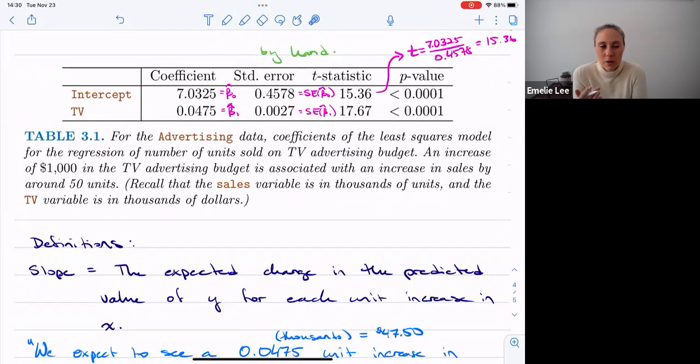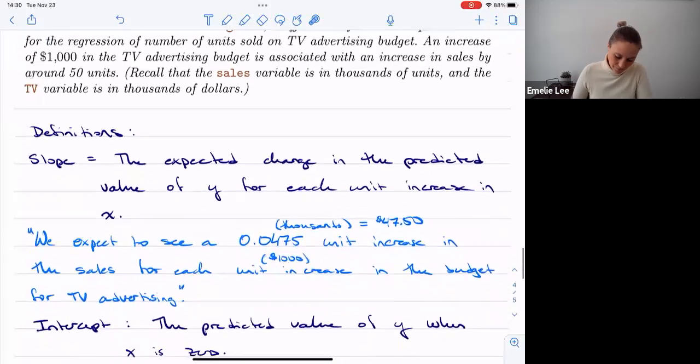We have already seen that the sales are going to increase for each unit of TV advertising that we add. But as a blank slate, we would still be expecting to make 7.0325, so 7,032.50.